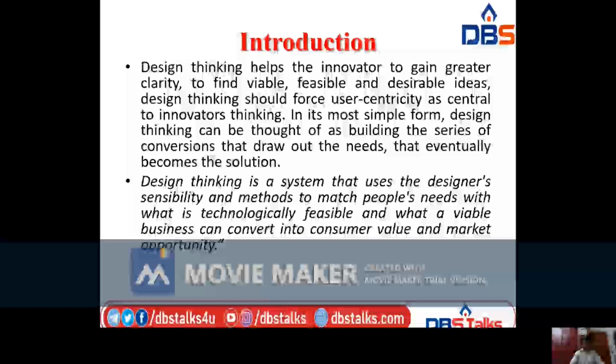Finally, design thinking is a system that uses the designer's sensibility and methods to match people's needs with what is technologically feasible and what is a viable business, which can convert into consumer value and market opportunity. This is the main thing we are discussing here.